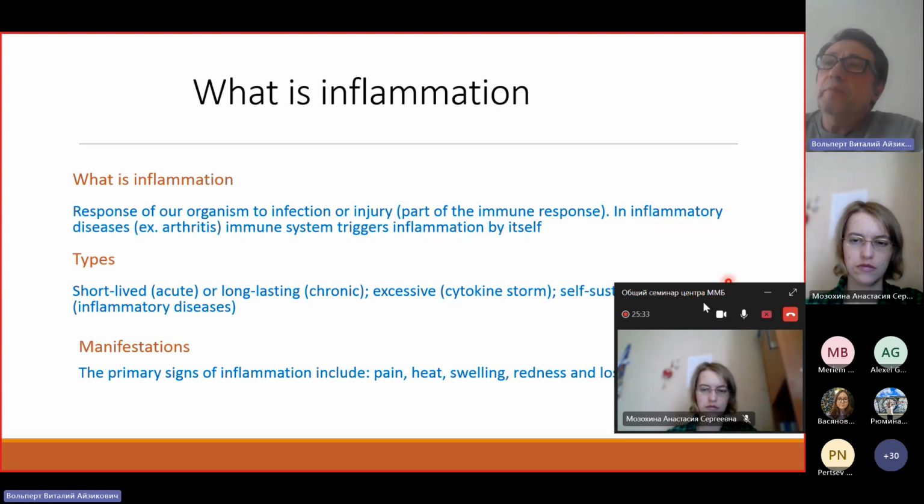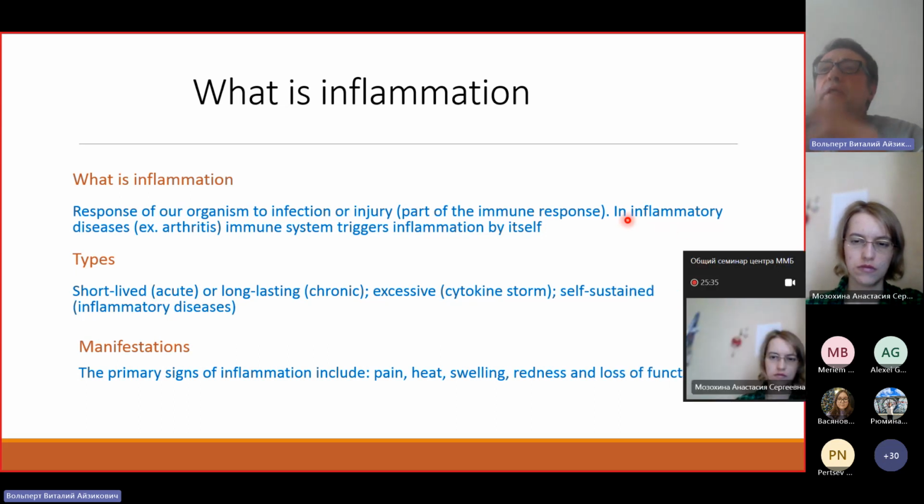Another aspect of inflammation is that some of these inflammatory diseases can be self-sustained, meaning that there are no external stimuli, but still this inflammation continues. This is also a very important topic, and sometimes it is related to autoimmune diseases, but I also think that not necessarily; for example, obesity is not an autoimmune disease, but still it can be a chronic self-sustained inflammation.